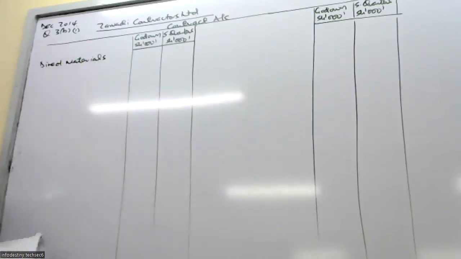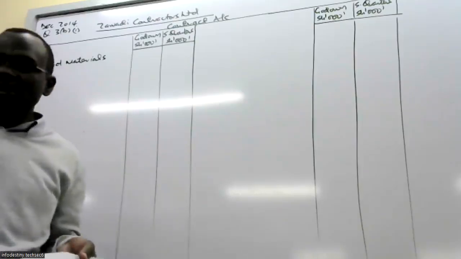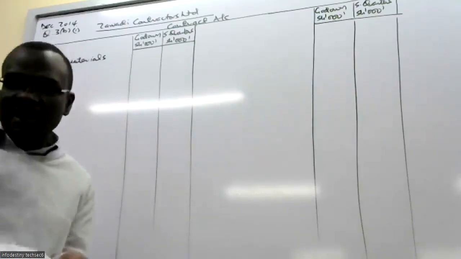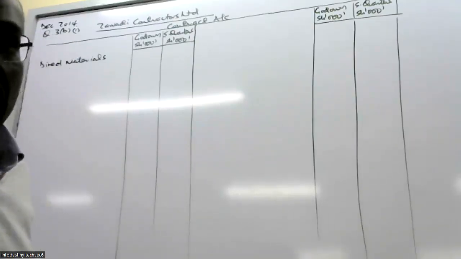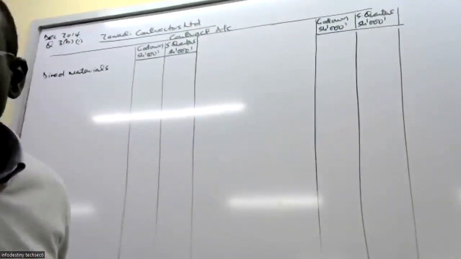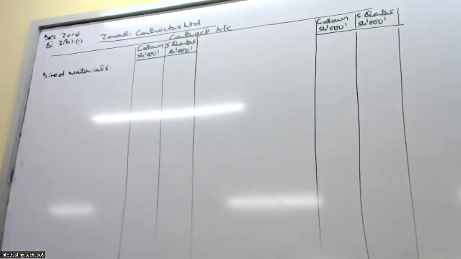So you can use a T account ama unaweza ku just add them. Either way can work. So you can get the direct cost of materials by maybe just adding, or you prepare a T account for the godown, and then you can also get that for staff quarters. And we can start with the godown.